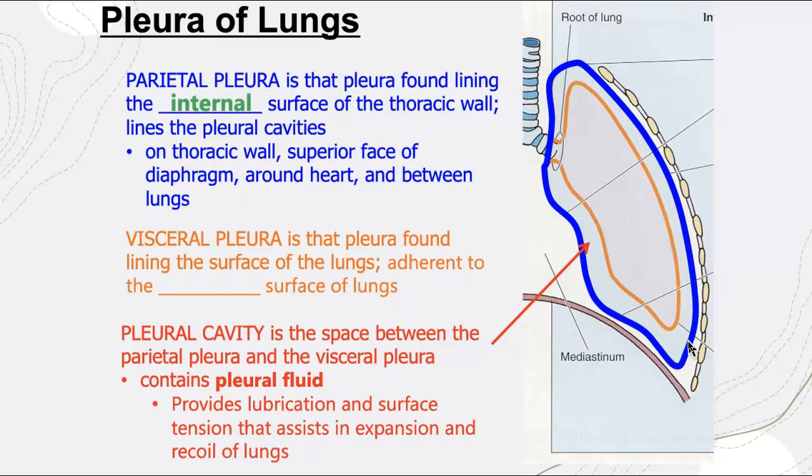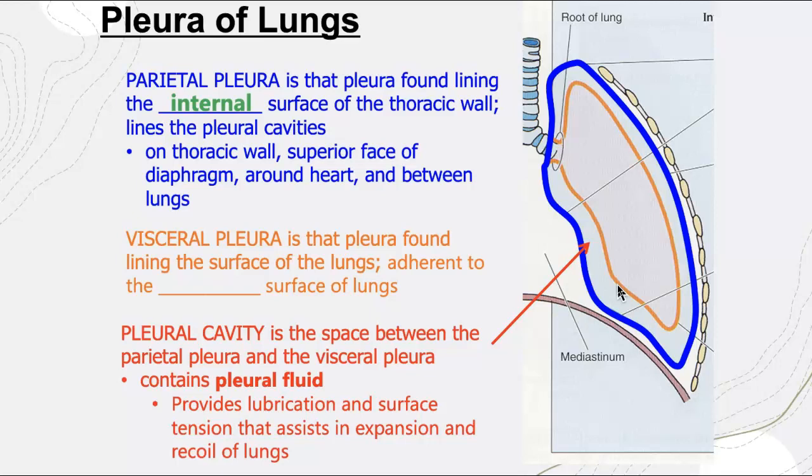And notice how this is covering surfaces not only on the thoracic wall, but also the superior face of our diaphragm down over here, and around our heart, which would lie over here, and the area of our bronchi and our apex.